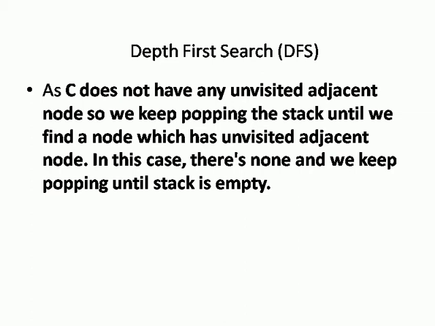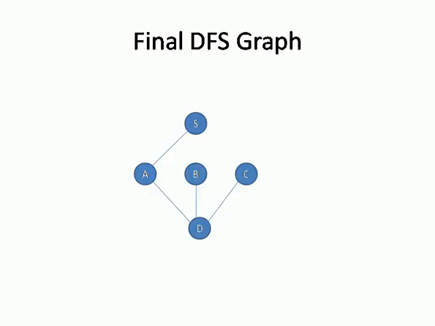So we pop the contents of the stack and look for any adjacent unvisited nodes of C. C does not have any unvisited adjacent nodes, so we keep popping the stack until we find a node which has an unvisited adjacent node. In this case there are no such nodes available, so we keep popping the stack until it is empty. Once we pop all the contents, the stack becomes empty and we stop the traversal process.